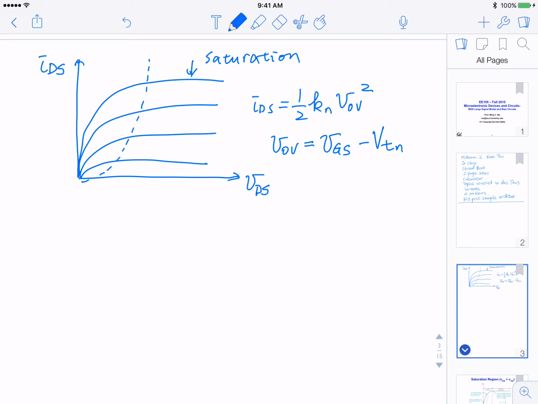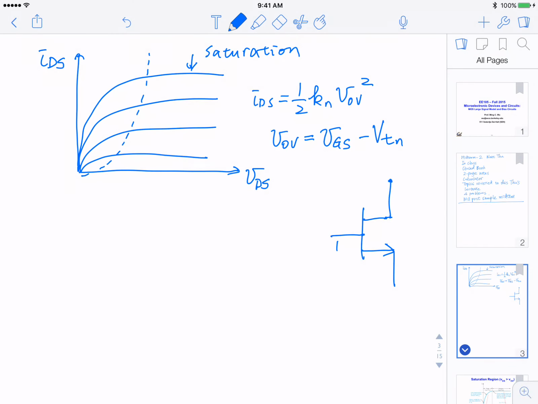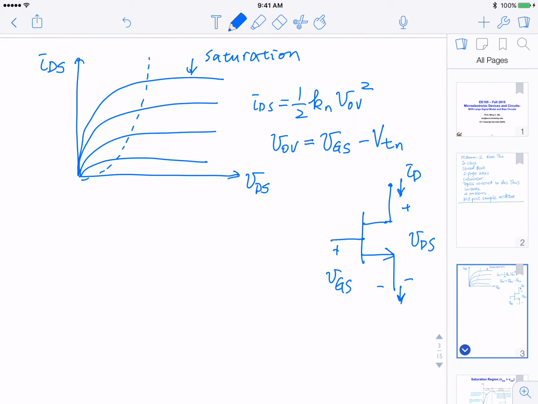Okay, and let me draw the transistor here. This is really for NMOS. And here is VGS, and here is VDS, and the current ID or IDS will be equal to the current flowing through the source because the gate is insulating, okay? And we're following a symbol convention where this stands for the total voltage.